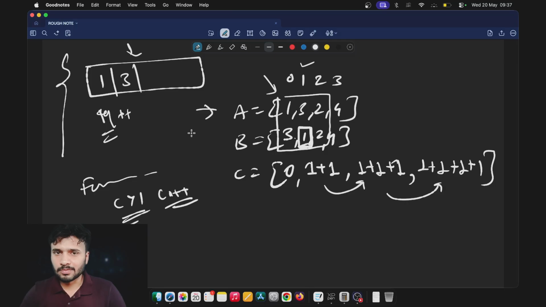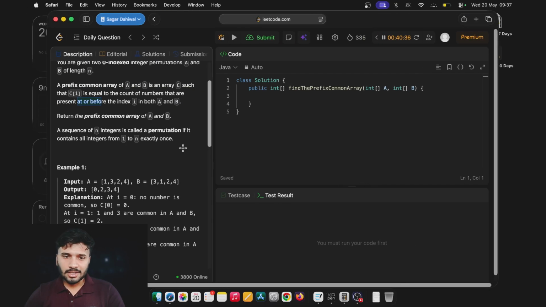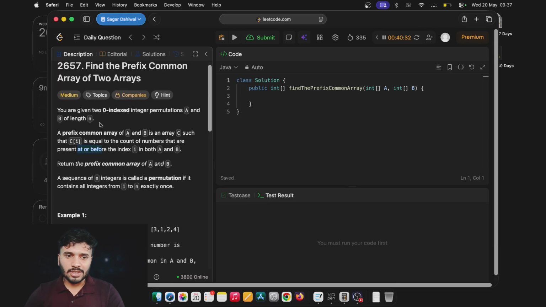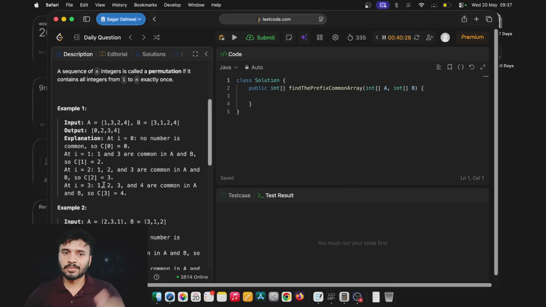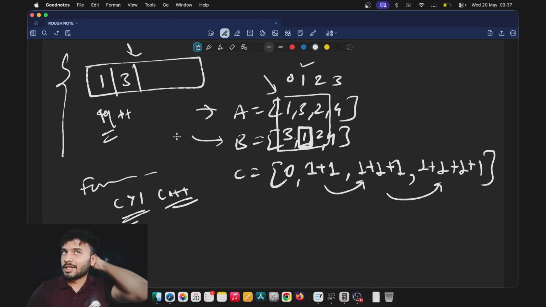But for that we have to make sure there is no duplicacy in the arrays. It's mentioned that it's a permutation, meaning there will be no duplicacy in the array itself, and that's the whole idea of using permutation.